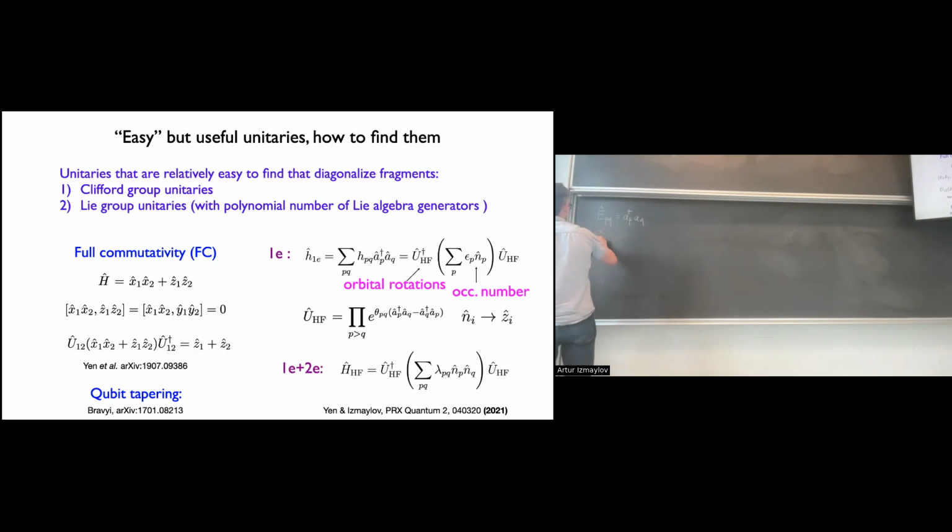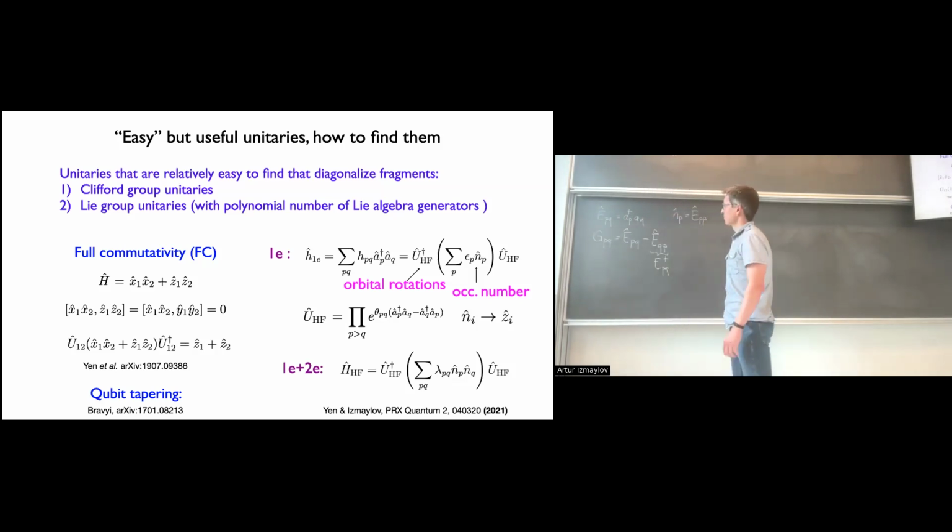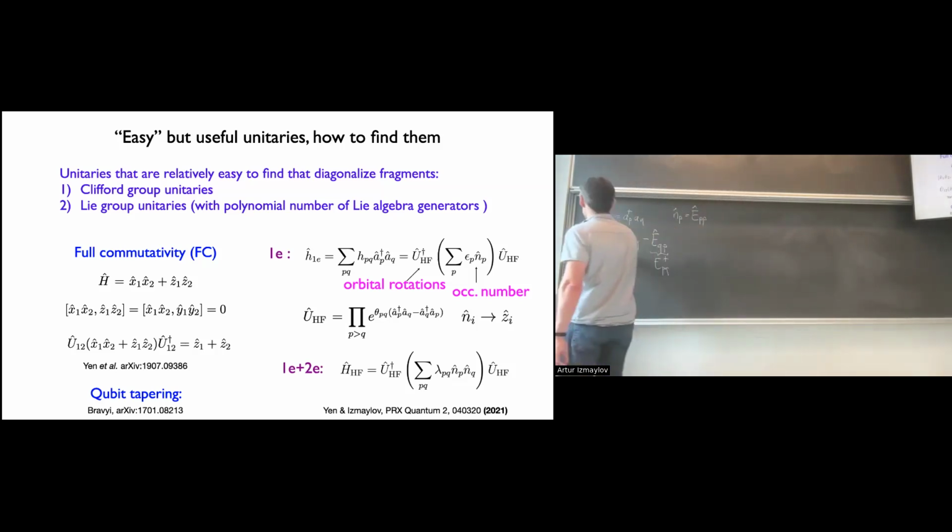And our orbital generators are just then the differences of the excitation and the de-excitation, and this is the Hermitian conjugate version, Q, right? Also, we'll use the occupation number short notation for the diagonal terms, right? So these are our generators.